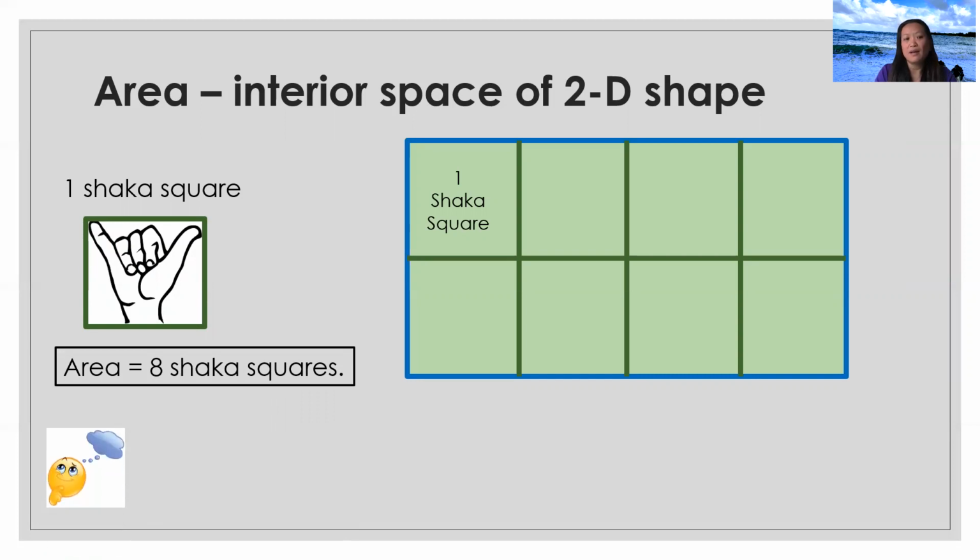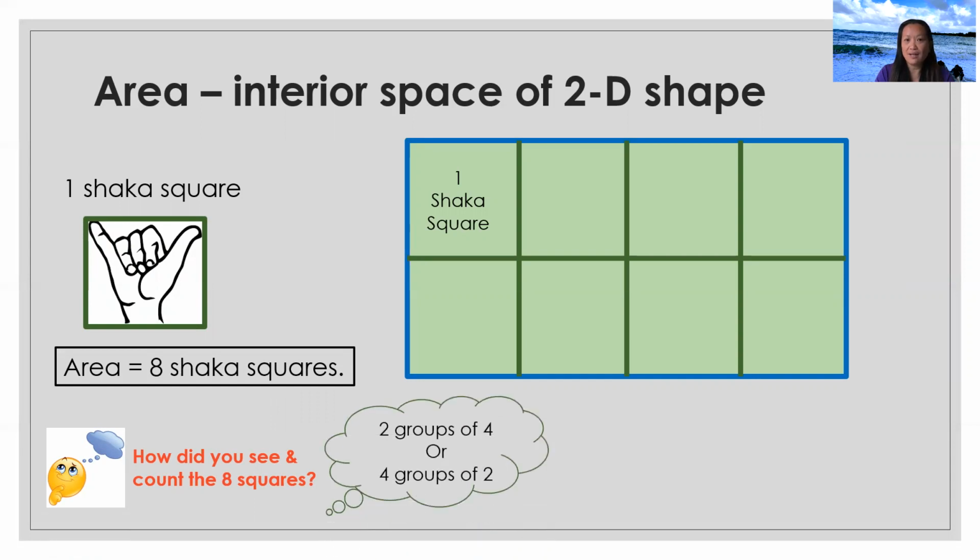Now, the question I want to ask you is, how did you see and count those shaka squares? Like, how did you see that 8? Did you see it as 2 groups of 4, 2 rows of 4? Or did you see 4 groups of 2? Either way, that defines multiplication. Now, why is that important?